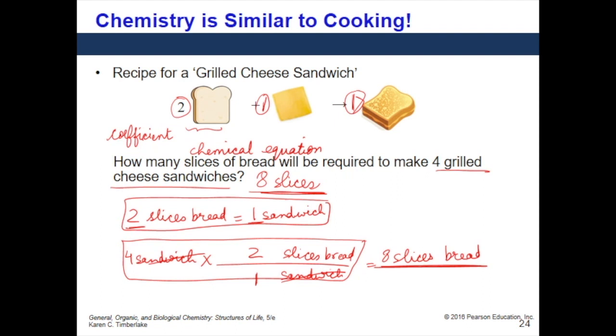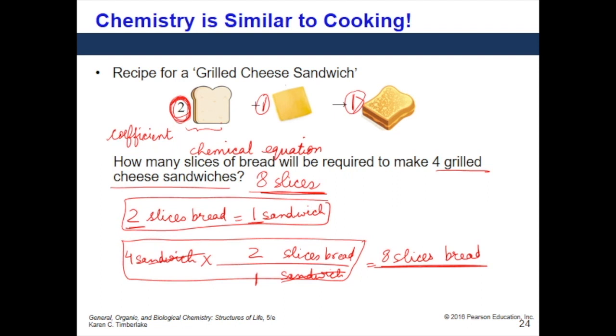Okay, so this is exactly how a chemical reaction works. The coefficients that you see in front tell you the number of molecules that are needed. So 2 molecules of bread slices will produce 1 molecule of sandwich.